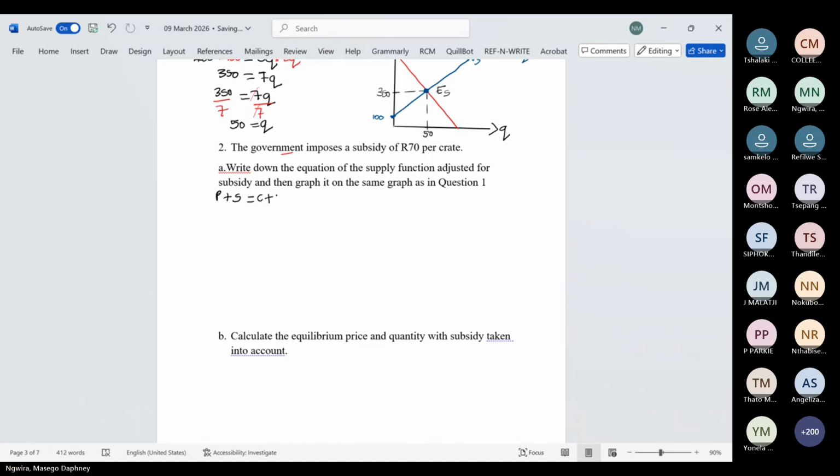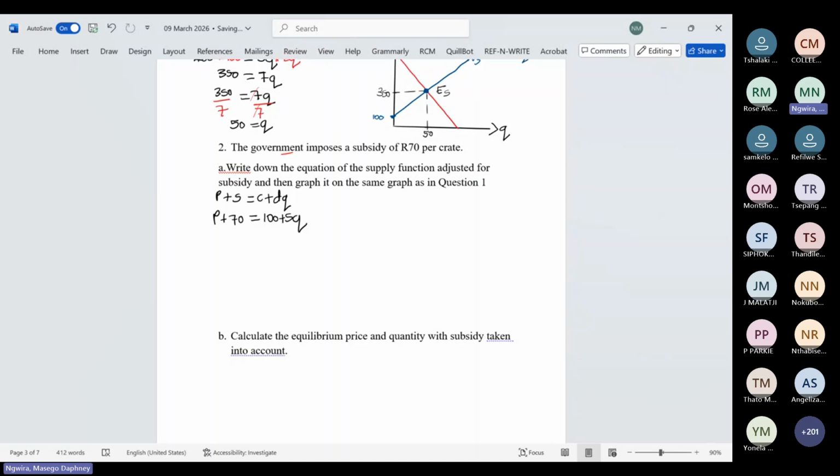Remember here we're dealing with price. Our subsidy is 70 rand, so this will be P plus 70 rand, and our supply function is 100 plus 5Q, if I'm not mistaken.